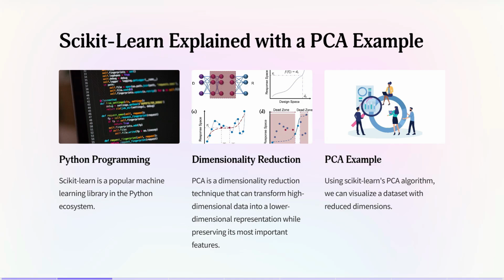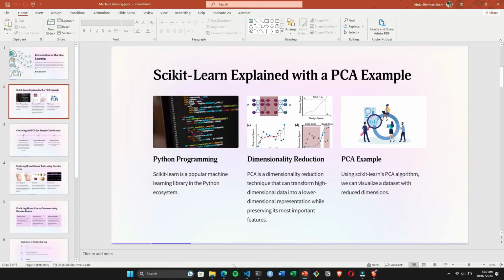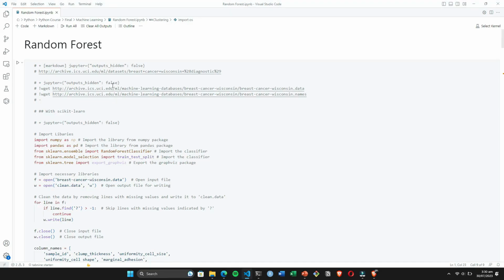PCA is a dimensionality reduction technique that can transform high dimensional data into a lower dimensional representation while preserving most of its features. Using the Scikit-learn PCA algorithm, we can visualize a dataset with a reduced dimension, with a reduced data frame.